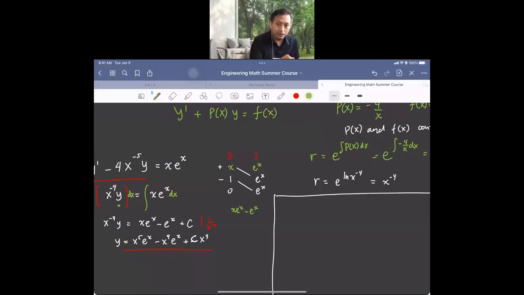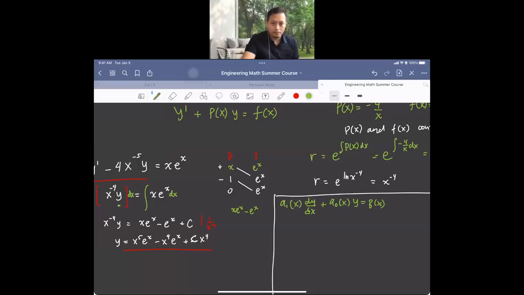Remember that at the beginning I told you the general form. So if the general form is like this, then we need to divide, right?